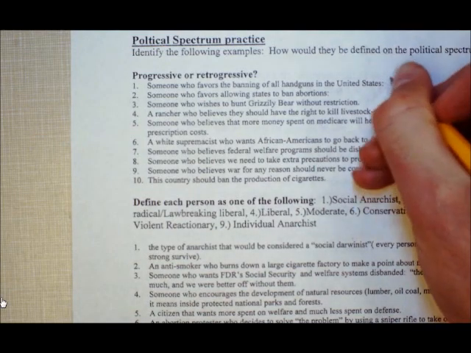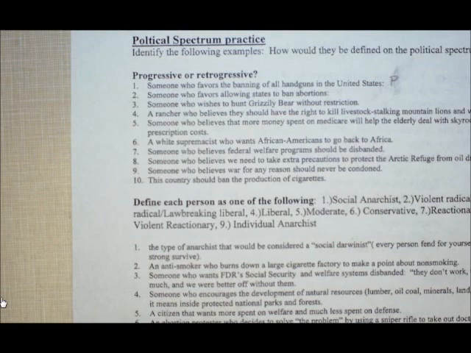That's something new. Number 2, someone who favors allowing states to ban abortions. Okay, you have to think, were abortions more permitted in the past or less permitted in the past? If you thought they were less permitted, you are correct. There may have been less official laws, but certainly it was frowned upon and not a socially acceptable thing.